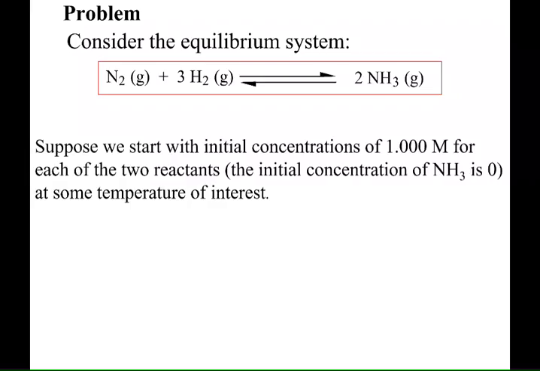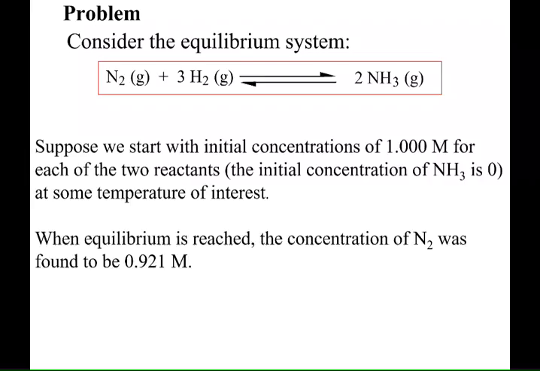It goes on to say that when equilibrium is reached, the equilibrium concentration of N2 was 0.921 molar. Do you think you can get the change by subtraction? The change here is related stoichiometrically to the change for H2 and the change for NH3. That's exactly what we're going to do.